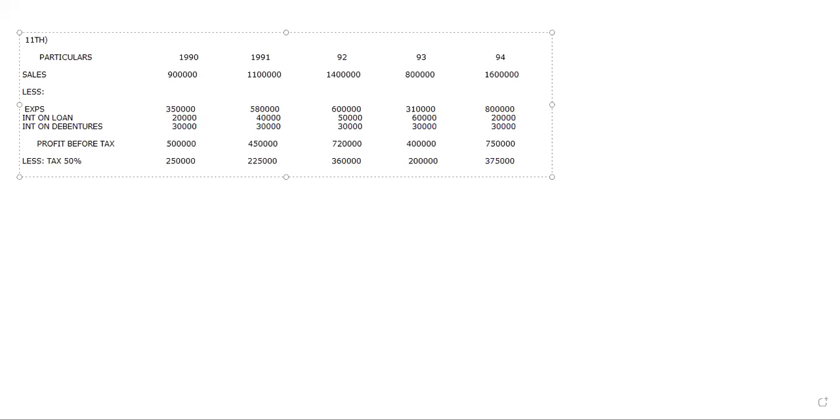Yeah, that's it. Now we got these things. So what do we write now? Profit after tax. If we take off 50%, only half remains. So 2,50,000, 2,25,000, 3,60,000, 2 lakhs, 3,75,000.